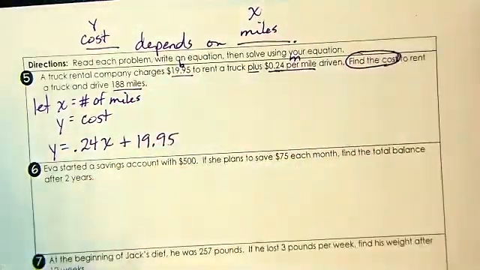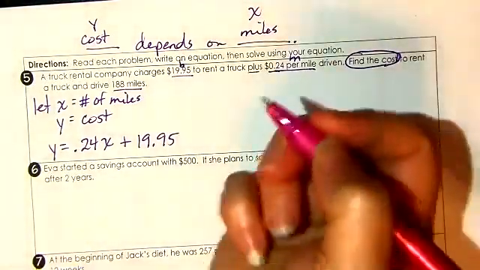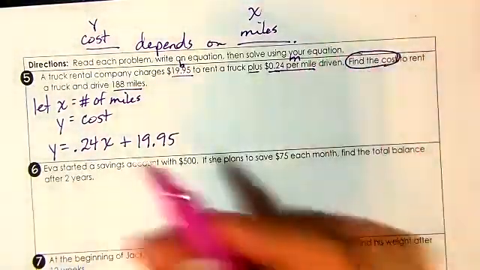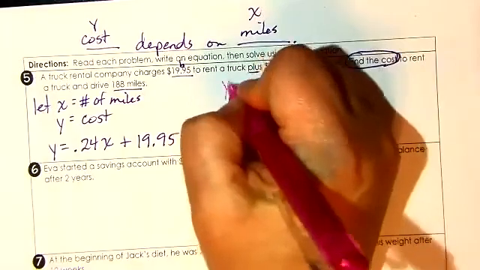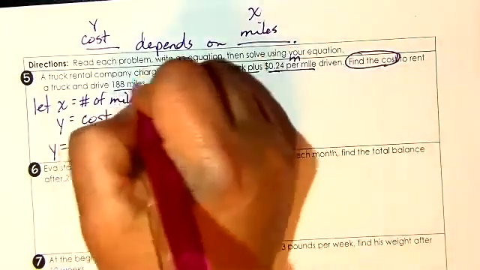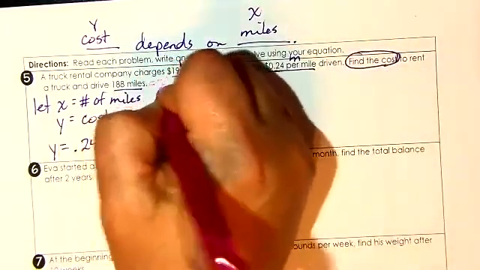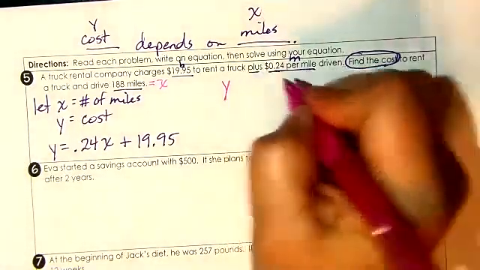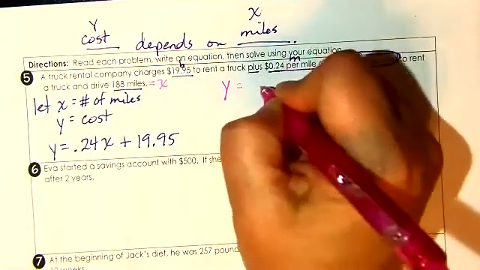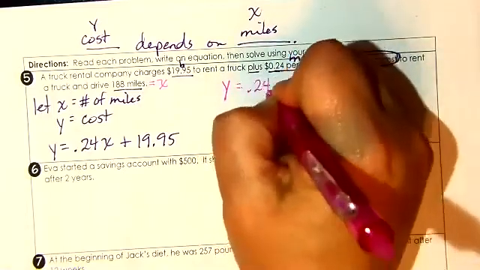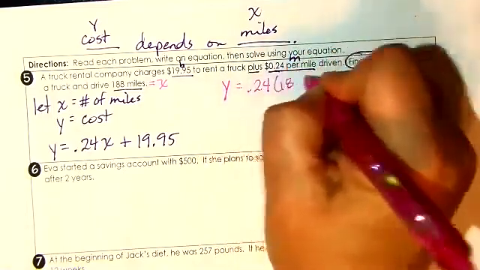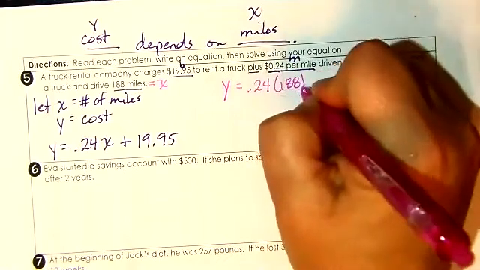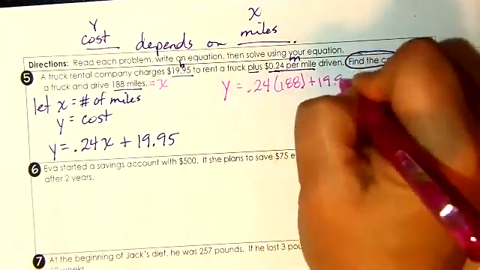Now is where I'm going to take my equation and solve. Now I'm going to find out, well, what is my cost? What is my Y? Because the 188 is miles, so that is what my X equals. So I'm going to plug in the 188 where the X goes. So I'm going to have 0.24 times 188 plus 19.95.